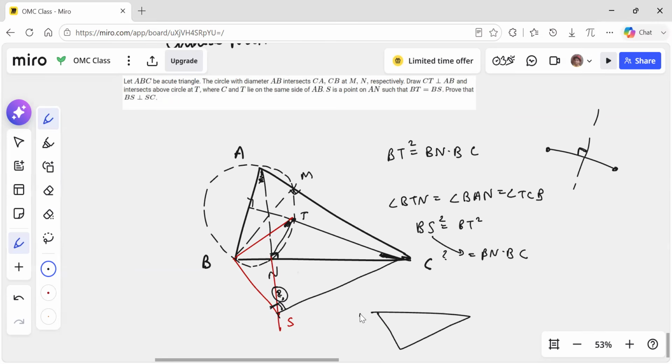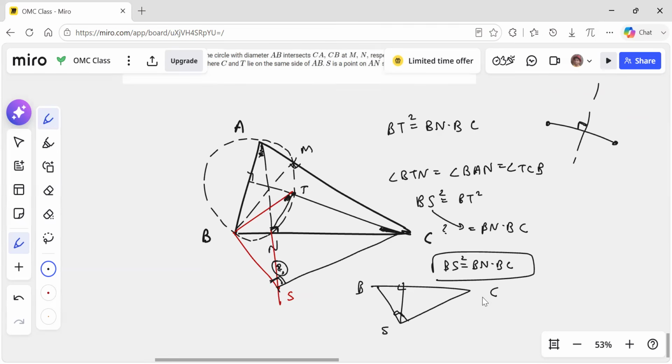So I have a triangle like this. If this should be true, then I should have BS squared equal to BN times BC. This is a must, and if I have this, I'll also be done. So I want to show this relation is true. I now want to figure out what BN times BC can be.